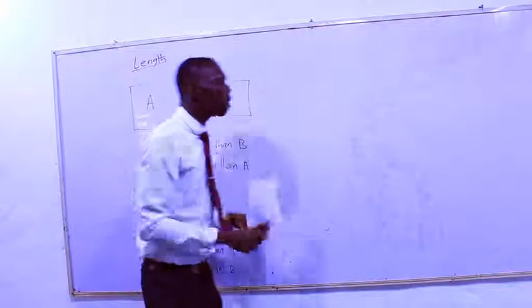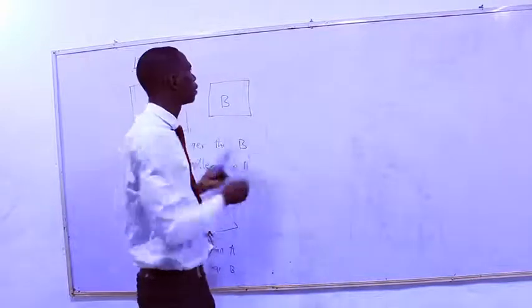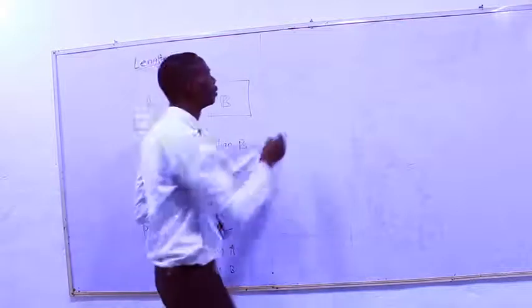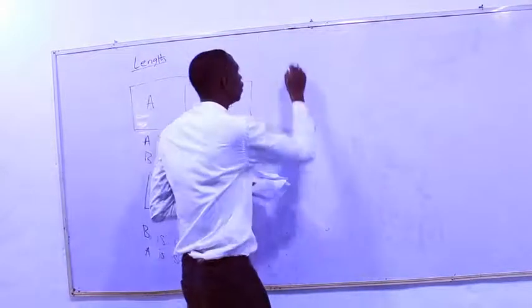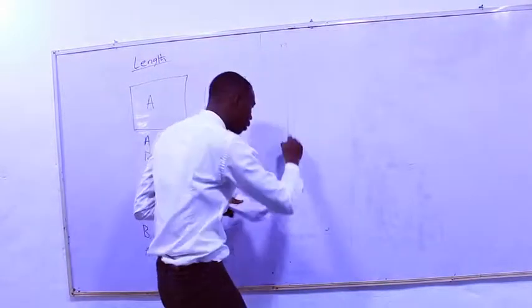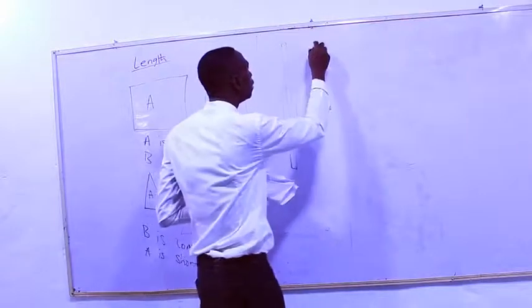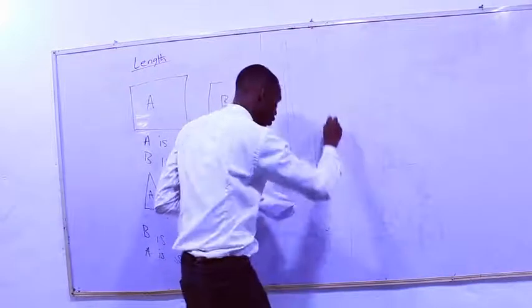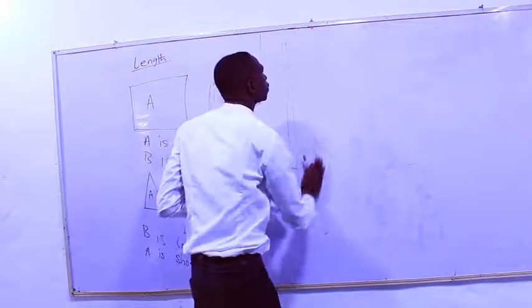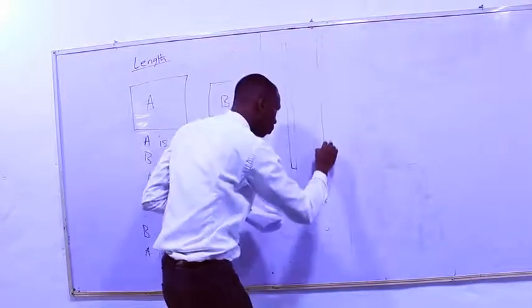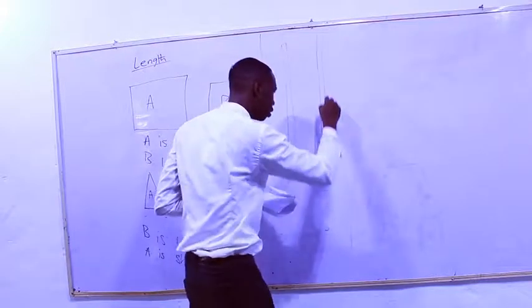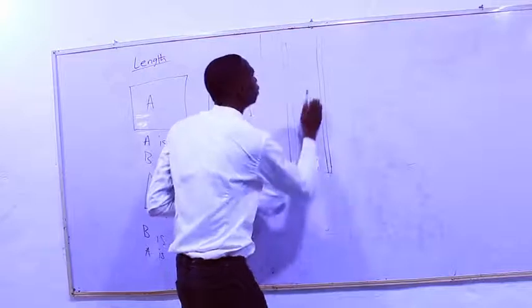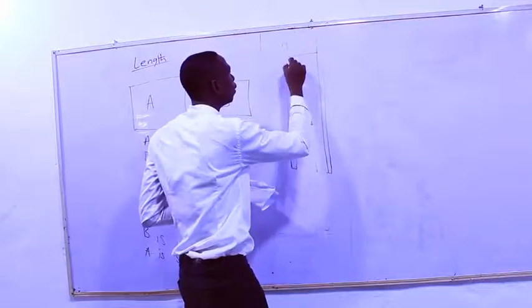Let's use another object like a ladder. A ladder can be like this. Appear like this. A ladder.